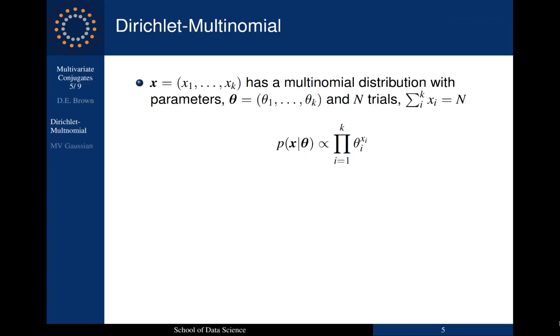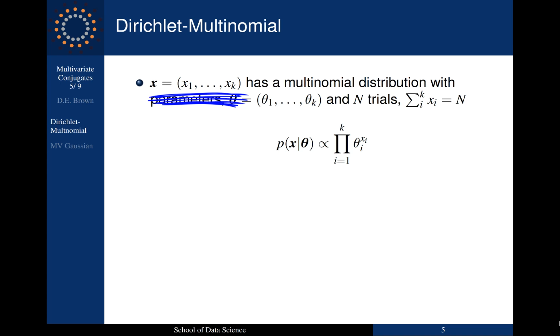Okay, so with that review of the Dirichlet, we can now look at the Dirichlet conjugate for a multinomial likelihood. So the multinomial likelihood, recall, we now have a vector of outcomes, x1 through xk, where this outcome shows the number of times that we see each one of the categories. A good example of a multinomial is our admission to university.